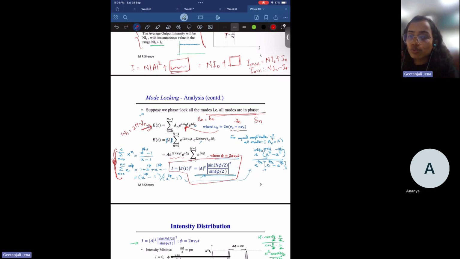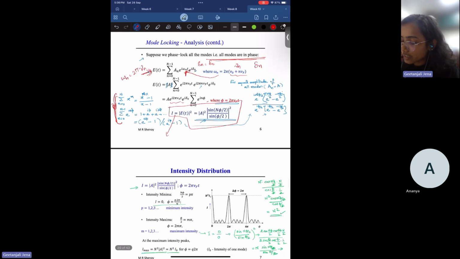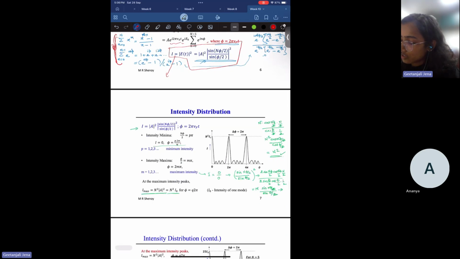So when the phase is locked, we have intensity which is given by mod a square sine square n phi by 2 divided by sine square phi by 2. If you plot this intensity now, you see this figure, which is the intensity variation of a phase locked system.